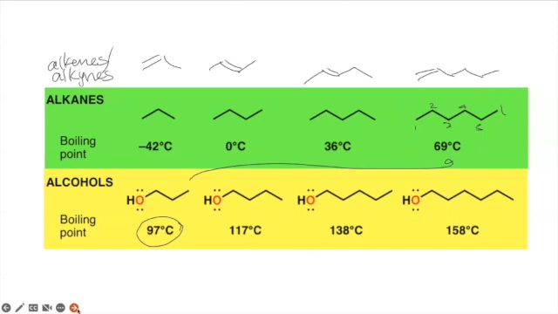So the boiling point would be less than -42 C, less than 0 degrees C, less than 36 degrees C, less than 69 degrees C. I don't know for sure because I haven't measured these, and I can't put a number on how much less, but we know that they would be less.